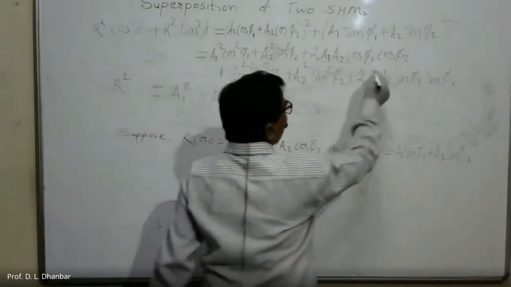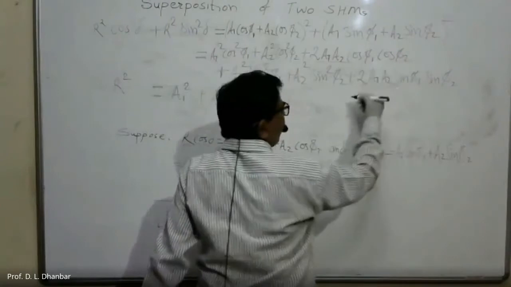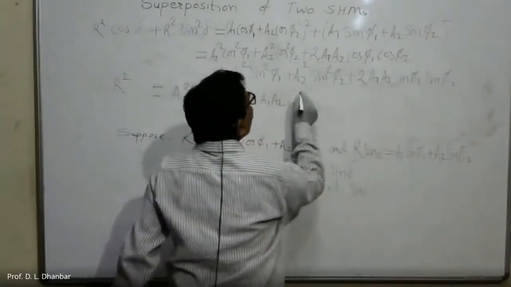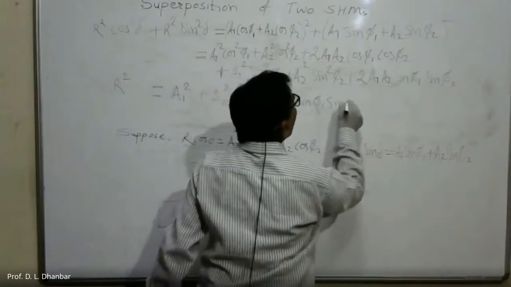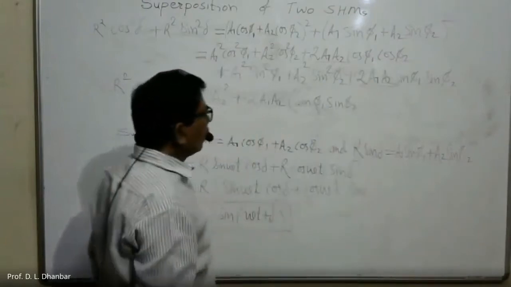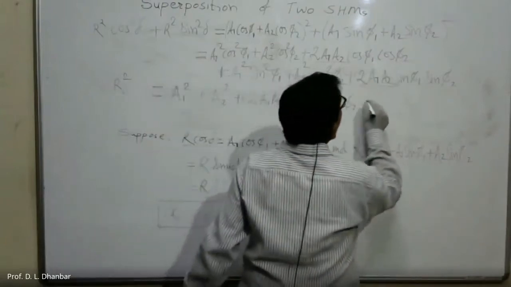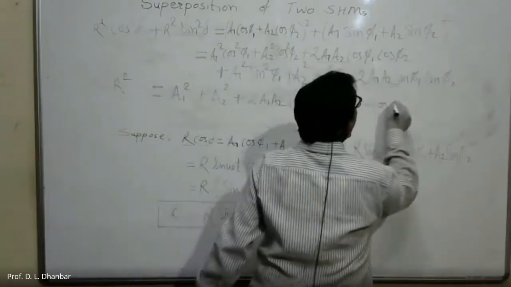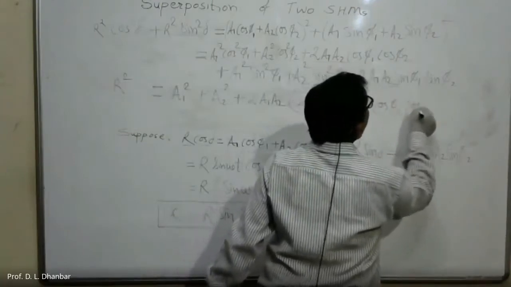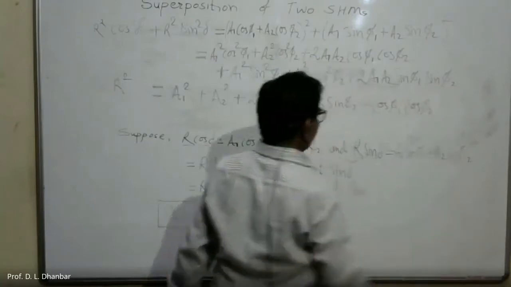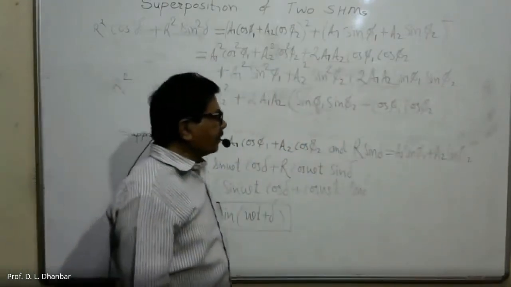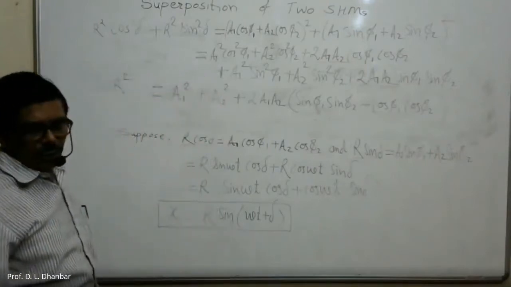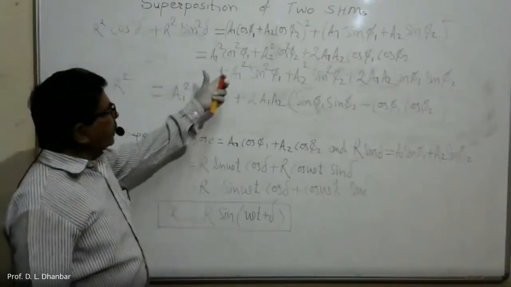Here you will get, first of all, sin phi 1 into sin of phi 2, okay, plus cos of phi 1 into cos of phi 2.